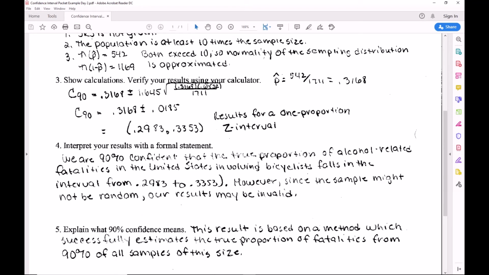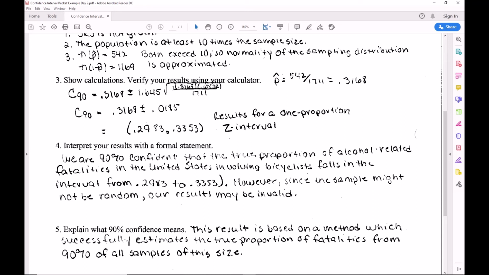Now name this. Definitely name this, because we're going to actually end up doing this straight on the calculator. So this is a result for a 1 proportion z interval, and it's a 90%, so it's a C90 equals your p hat 0.3168, remember from over here, plus or minus, and you can look up 90%, remember, or figure it out the way I showed you, 1.645 times your standard error.